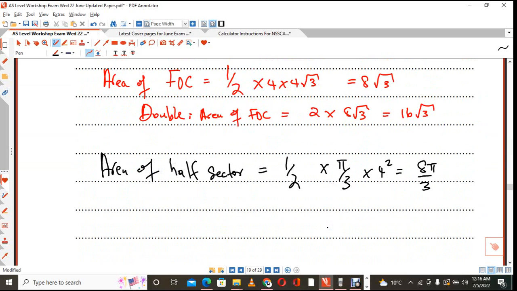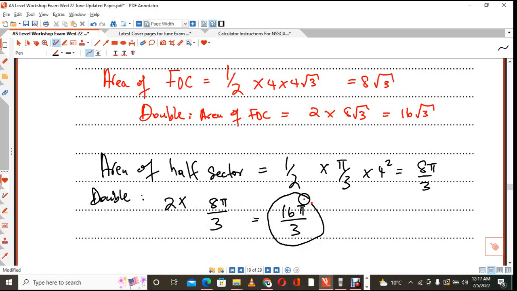So the area of that sector will be 2 times a half times, or just take that answer that we have and you just multiply that answer by 2. So 2 times 8 pi over 3. Well, this will give you 16 pi over 3.